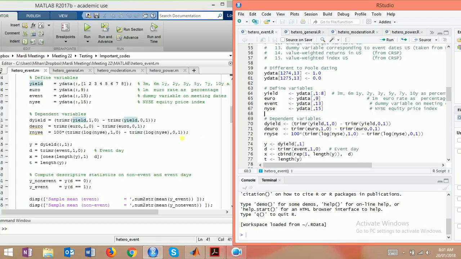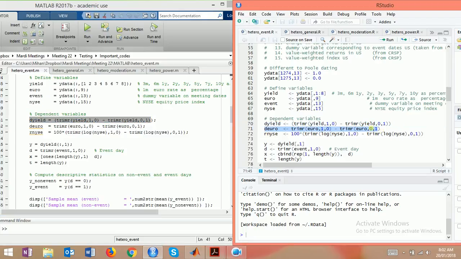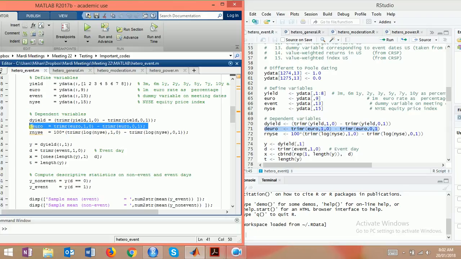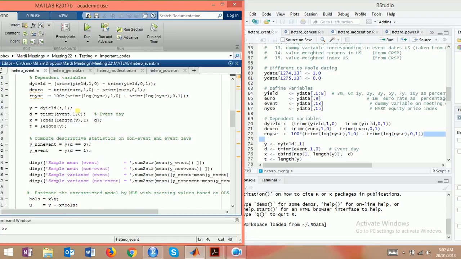Then change in yield is simply y_t minus y_{t-1}. Change in yield, see, same in both cases. For the return on the New York Stock Exchange, the return requires just the logarithm, but the change in yield remains the same. Fine. All rows on the column, D, the event dummy.